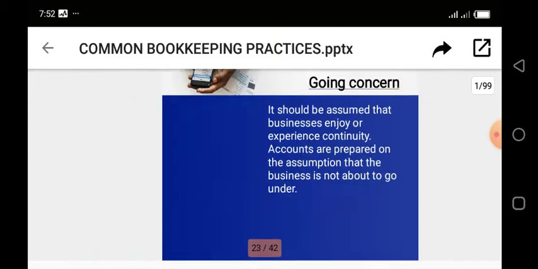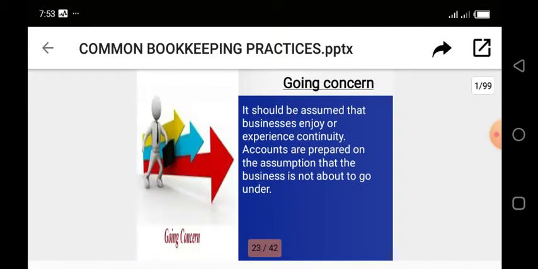So the next is the going concern concept. It's a belief among accountants and bookkeepers that anytime they are recording, there should be an assumption that the business will continue. It should be assumed that the business enjoys continuity.